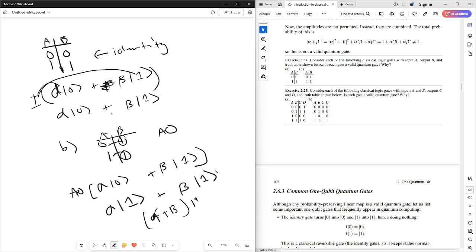And when we take the norm square of alpha plus beta, it's not going to be the same as alpha squared plus beta squared. So similar to the example they showed with the always 0, which was not reversible, and also wound up collapsing everything, or not collapsing, but winding up being alpha plus beta state 0. This winds up alpha plus beta state 1.